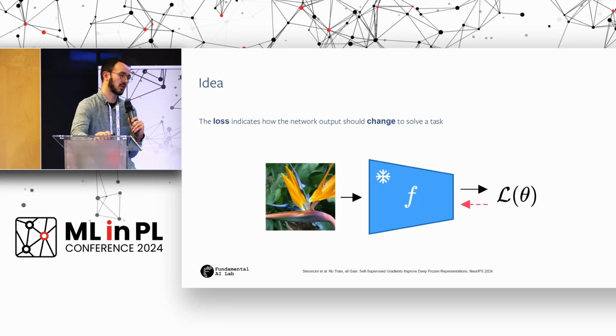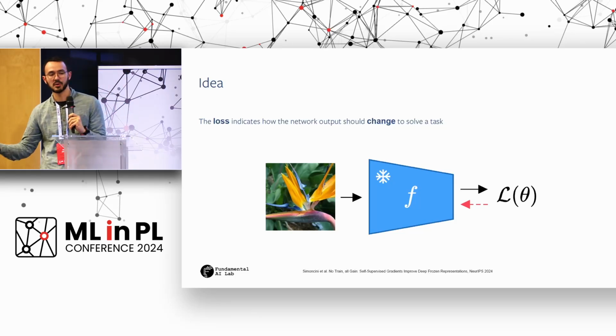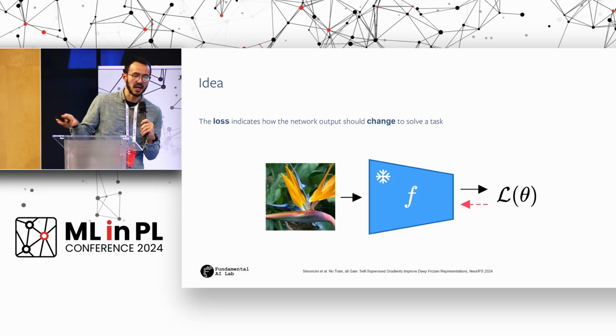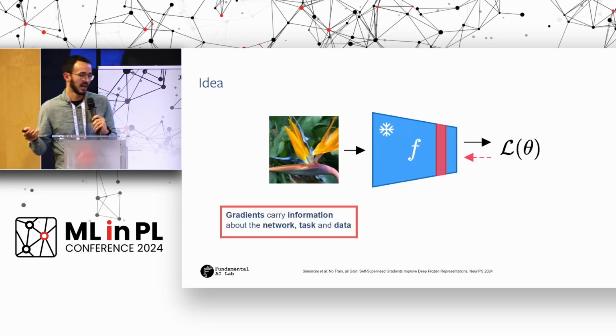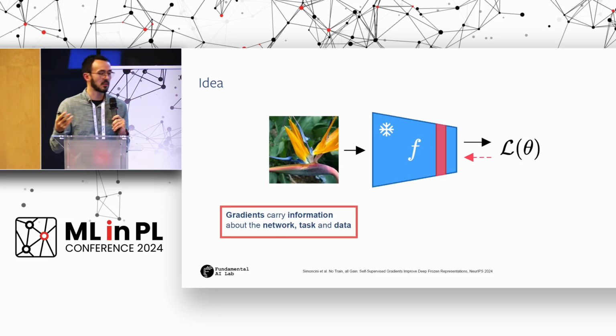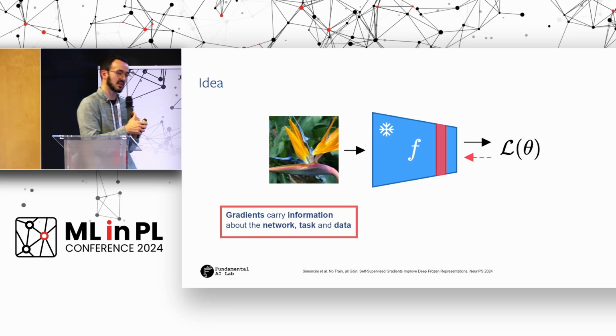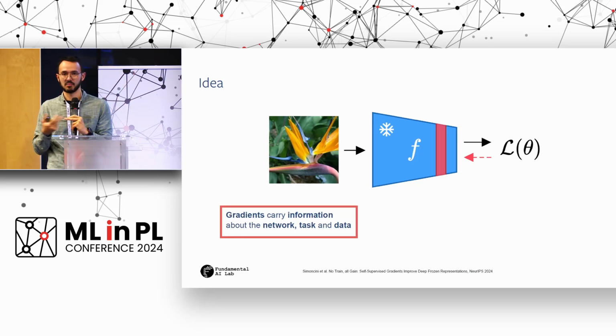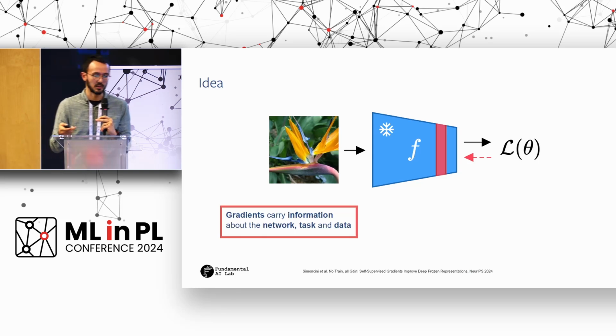Right, so of course we all know that the loss of a neural network usually indicates how the network output should change to solve a task, right? And that means the gradients we get from this loss carry the information about the current network status, the task, so what we are trying to solve, and the data, because that's where we generate the loss from.